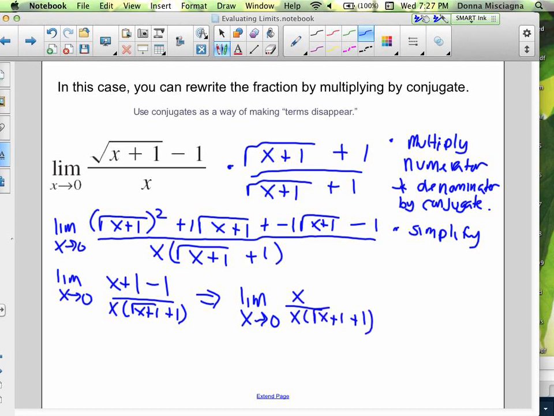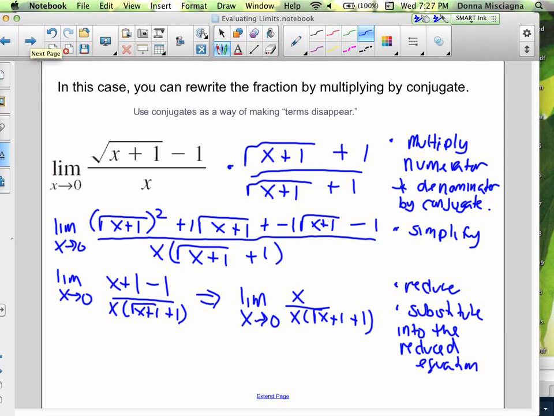So notice there's our problem, so we're going to be able to reduce, and then we'll be able to substitute into the reduced equation. And so these will always be our steps.